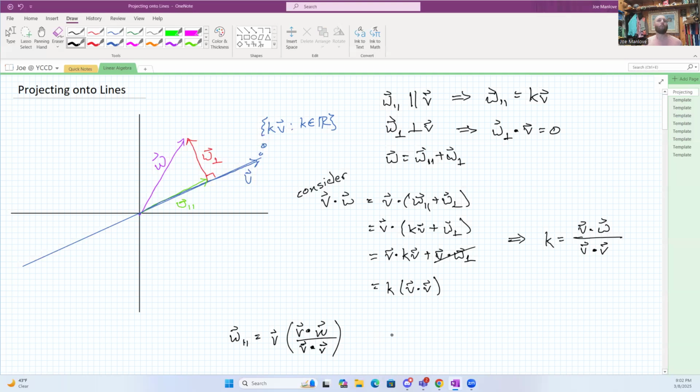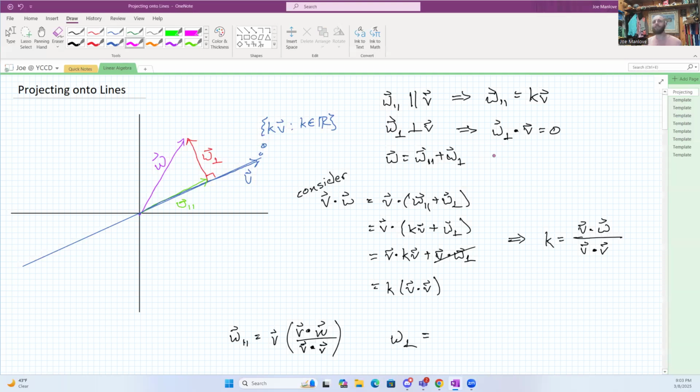Next thing, where is w perpendicular here? Well, I don't actually know what w perpendicular is, but I think I can figure it out. I know that w is made out of w parallel plus w perpendicular, so I could subtract w parallel to the other side, right?